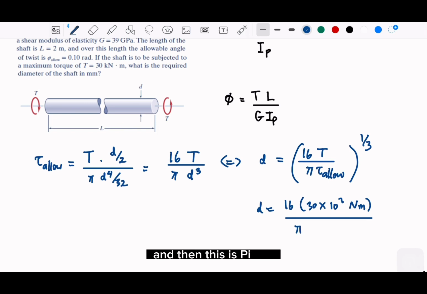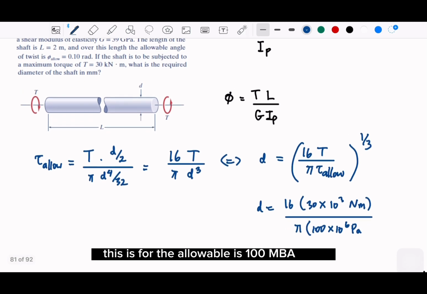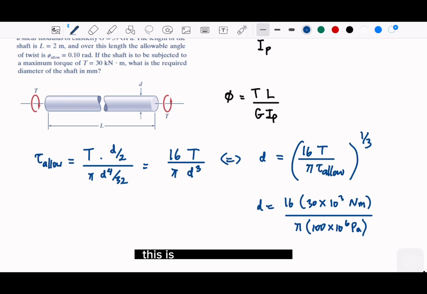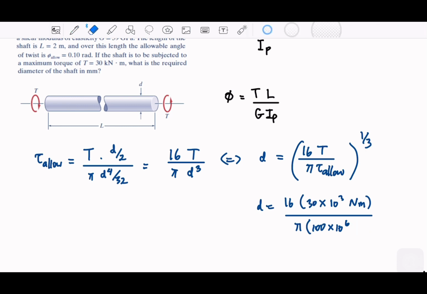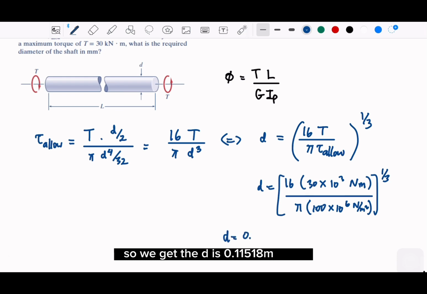And then this is pi times 100. This is for the allowable 100 MPa, right? So this is, let me write, Pa is Newton. So we get that D is 0.11518 meter.